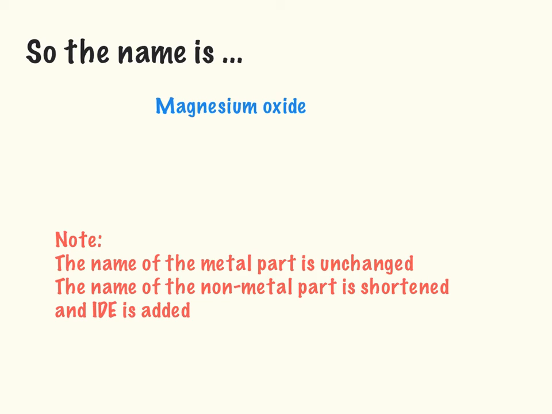And I'd like to say this, that the name of the metal part remains unchanged. So the metal part is always called magnesium, or whichever metal is being used. The name of the non-metal part is shortened and -ide added. Now earlier on I talked about the fact that we also have the same sort of rules for complex ions. So if we had magnesium reacting with, say, sulfate, the only difference this time is we do not change the name of the complex ion.